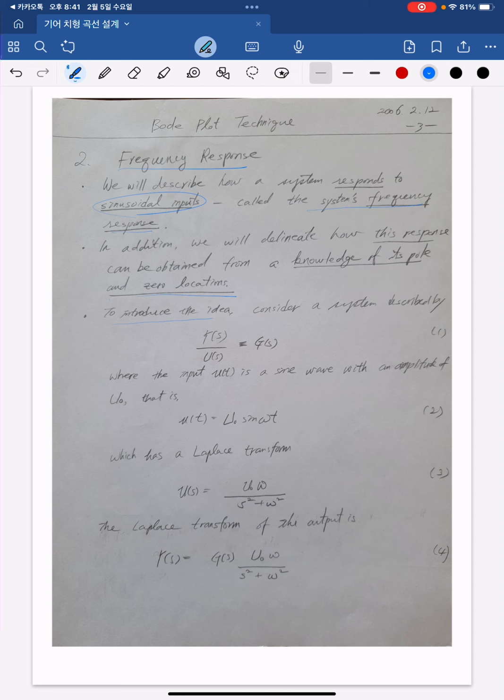To introduce the idea, consider a system described by Y(s) = G(s)U(s), where the input u(t) is a sine wave of amplitude u0, that is u(t) = u0 sin(omega t), which has the Laplace transform U(s) = u0 omega divided by s squared plus omega squared. The Laplace transform of the output is Y(s) = G(s)U(s), or G(s) times u0 omega divided by s squared plus omega squared.